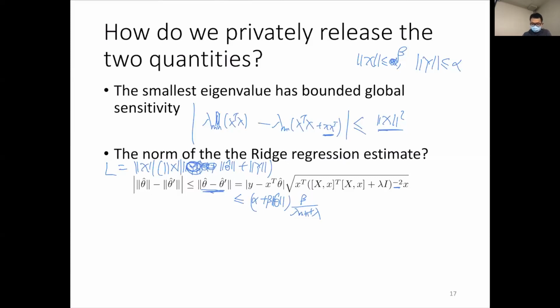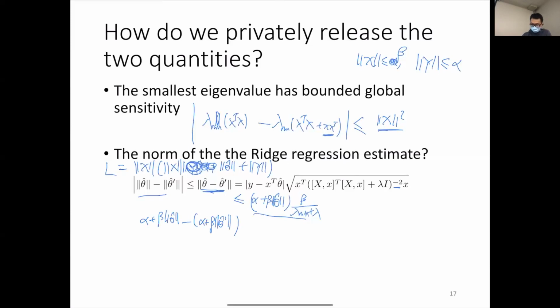So what we can do is take this inequality and rewrite it a little bit by multiplying by beta and then adding and subtracting alpha. So we get alpha plus beta theta hat minus alpha plus beta theta hat prime.